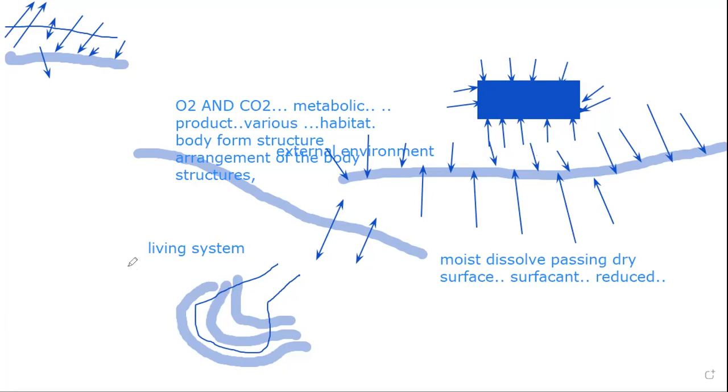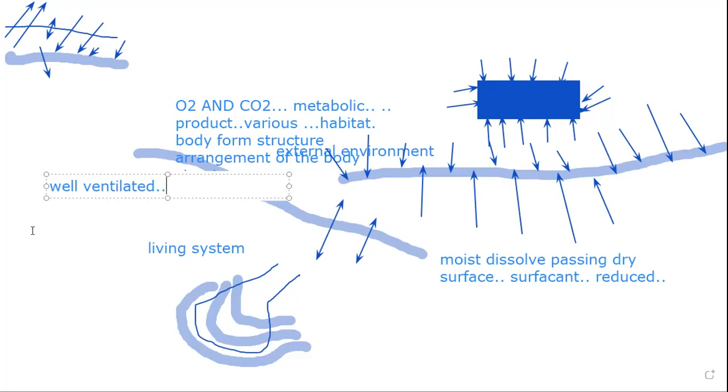Then the last point is that the respiratory surface must be well ventilated. If we have all the required characteristics, but we do not have oxygen or we do not have carbon dioxide, then what is the use of all these characteristics?